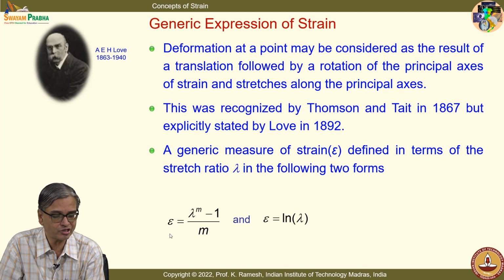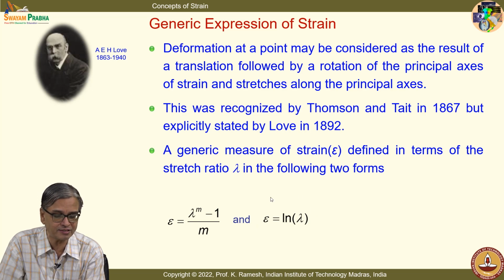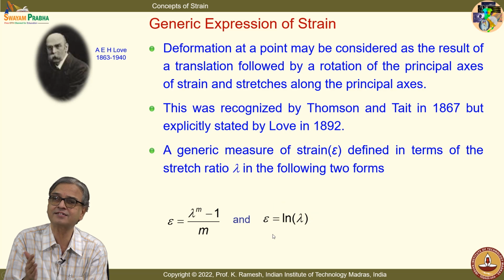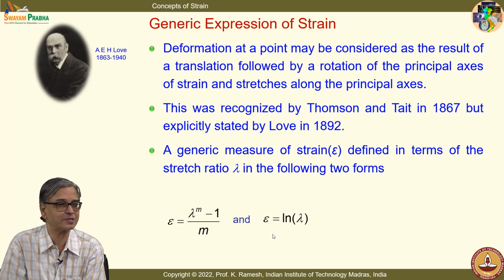So, you have strain defined as stretch ratio power m minus 1 divided by m, as well as the logarithm of lambda. See, this is a natural logarithm. This is all used in plasticity theory, incremental plasticity, or people deal with soft materials. They express strain like this.